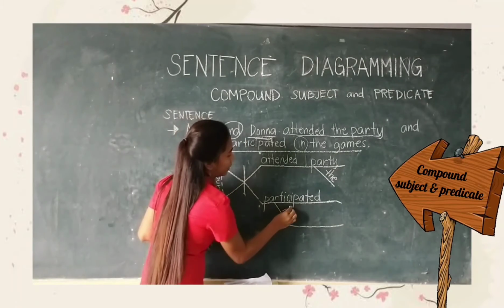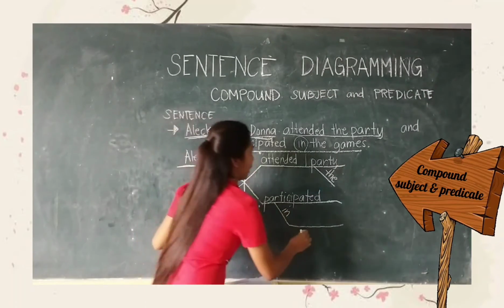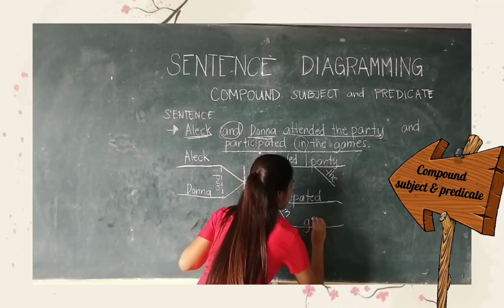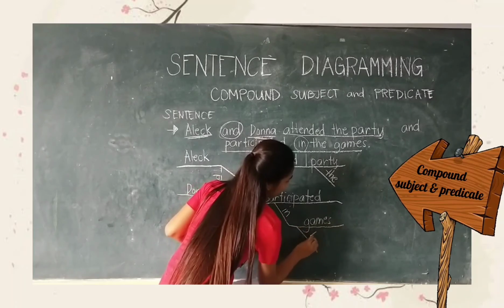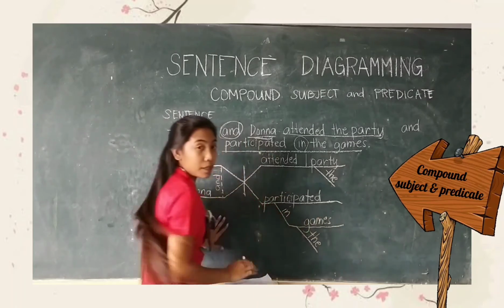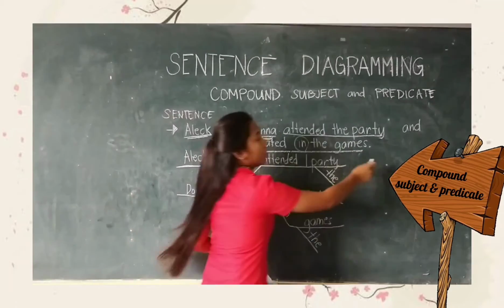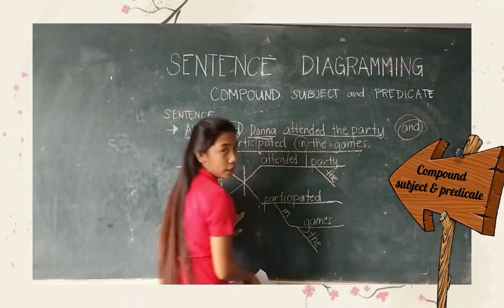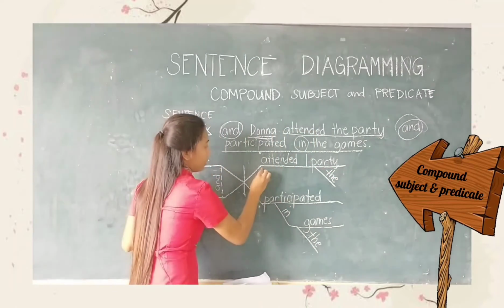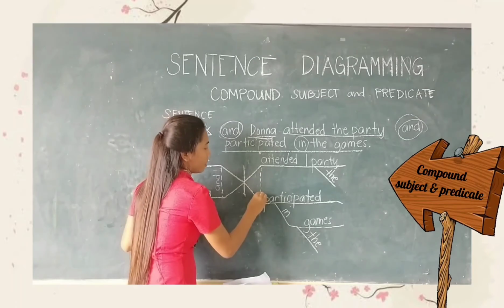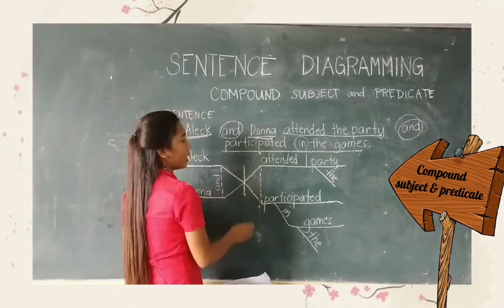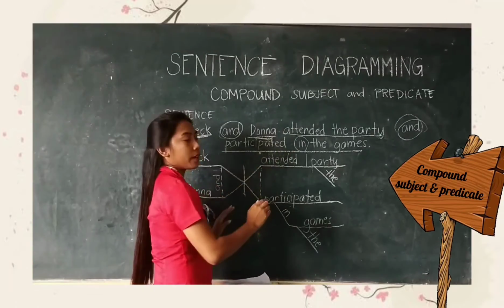So we have to write our preposition and its object, and of course, the word the. But don't forget to write the conjunction. Let us draw a broken line here, and then write our conjunction.